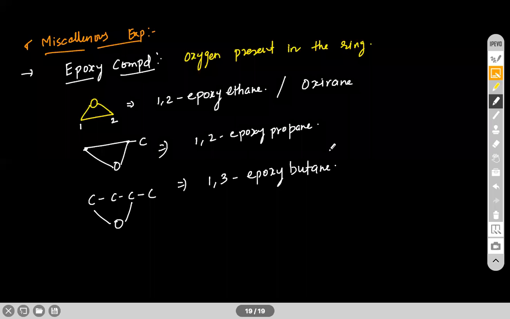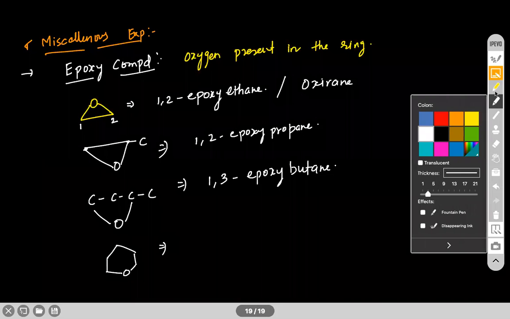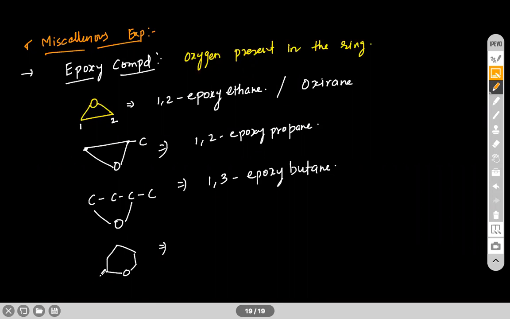Did you get it? In this way, suppose you write down the name of this: 1, 2, 3, 4, 5. We have seen this as oxacyclohexane.